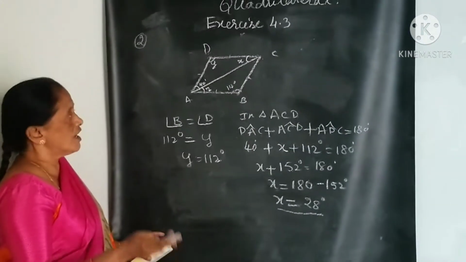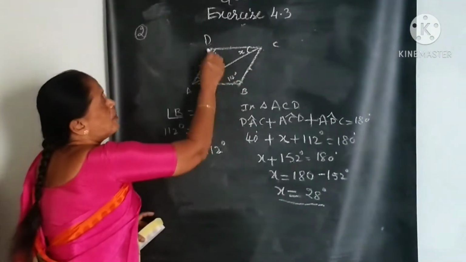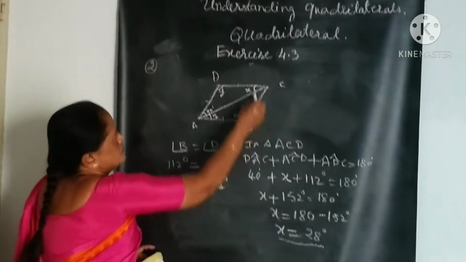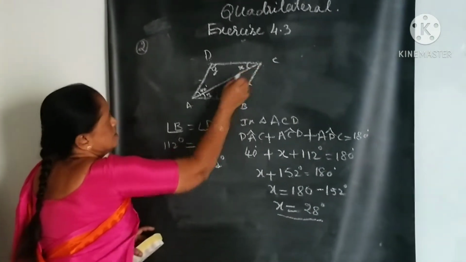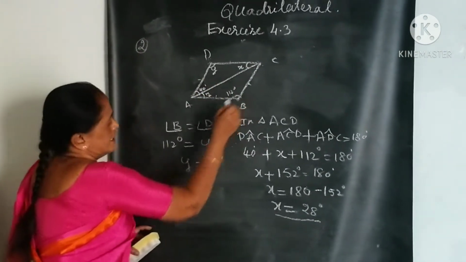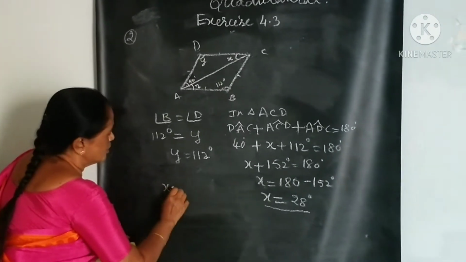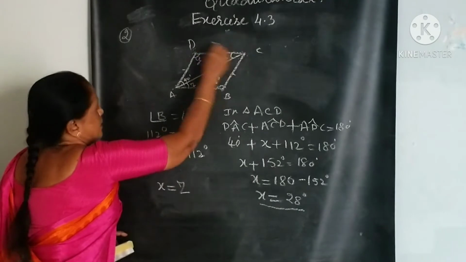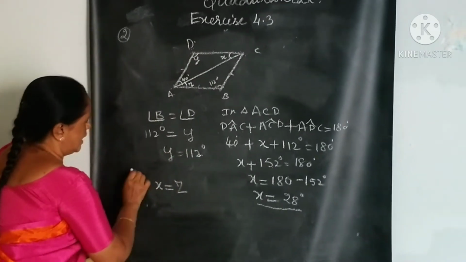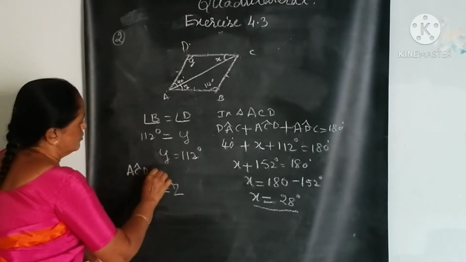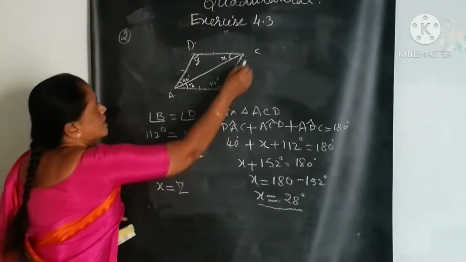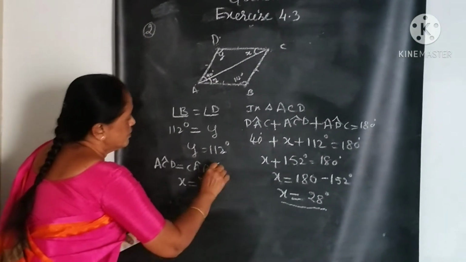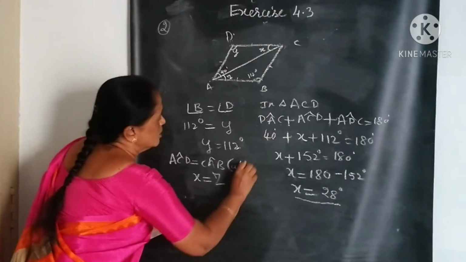According to that, AB is parallel to CD, then angle X is equal to angle Z. X means angle ACD. Angle ACD is equal to Z, which means angle CAB. These are alternate angles.